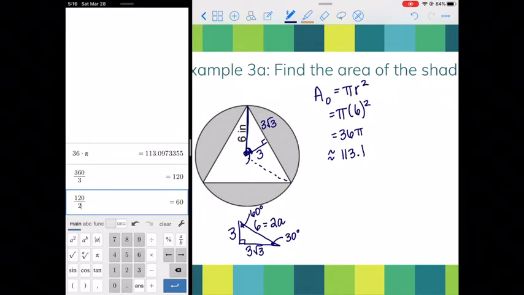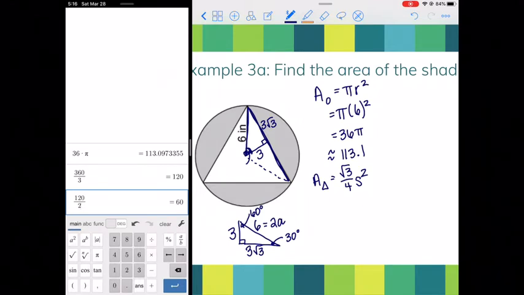So we have 2 different formulas that we can use for an equilateral triangle. Since we're going to have to find the length of an entire side anyway, I'm going to use the equilateral triangle formula, which is the square root of 3 over 4 times the side squared. That way all we have to do is figure out the length of the whole side.